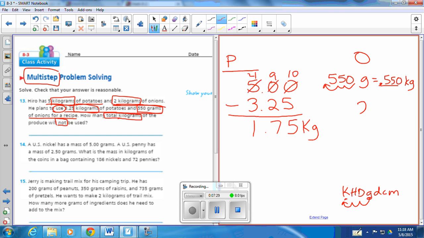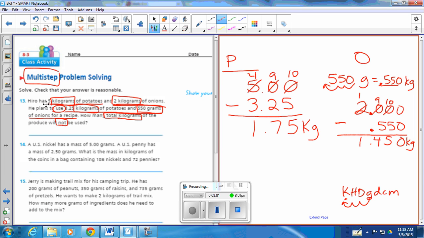Okay, so we need to take 2 and subtract 550 thousandths. Now notice I have to line up my decimals when I'm subtracting and adding, so I have to keep those lined up. And now I'm going to do my borrowing. Do you agree with my math? Okay, and this is in kilograms.